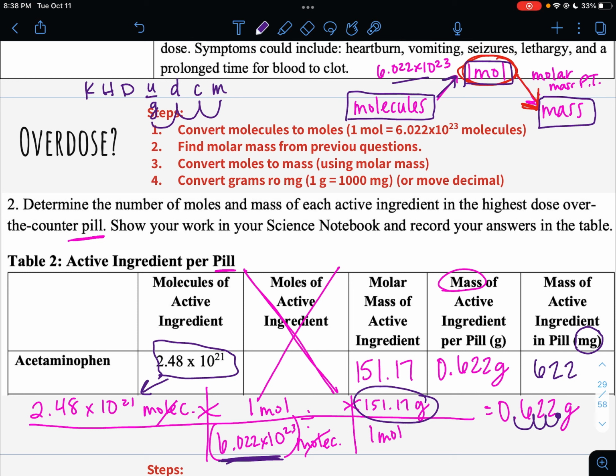And then our molar mass, we're getting that from part C. So I'll just say look at part C, because that's where you've already calculated the molar mass. So it's going to save you a step. Okay, so pause here, take a few minutes to complete this chart, and then you can pick back up with the video.